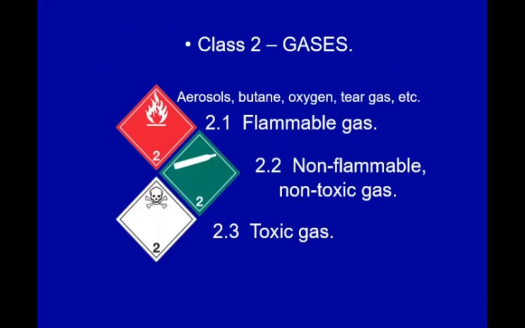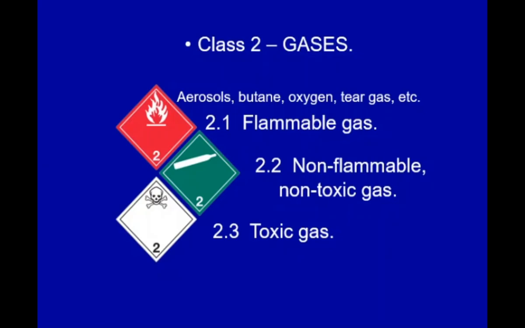Class 2 is gases. Class 2 gases. And gases have 3 divisions. Examples of gases are aerosols, the sprays we use, butane gas, oxygen, which we breathe in, tear gas that the police use to disperse crowds and all that.